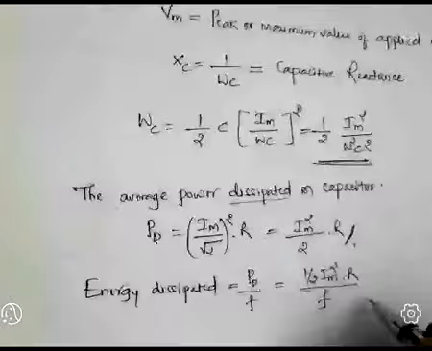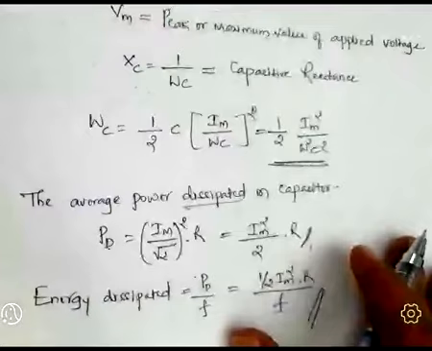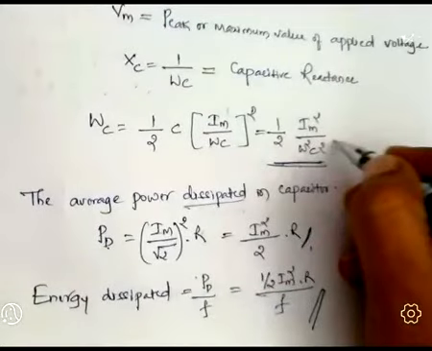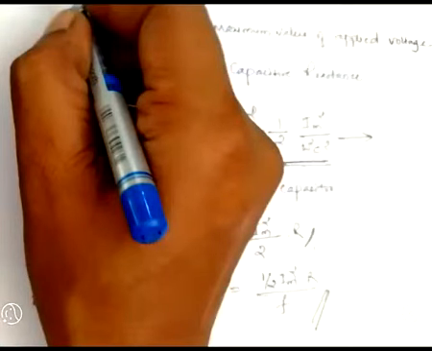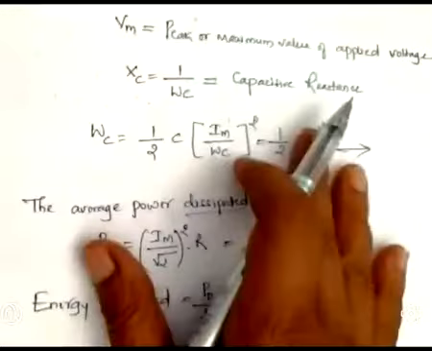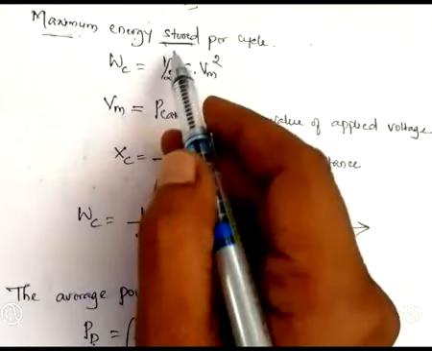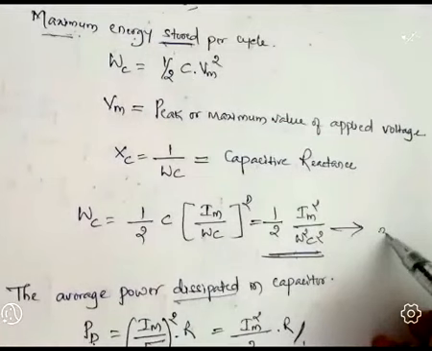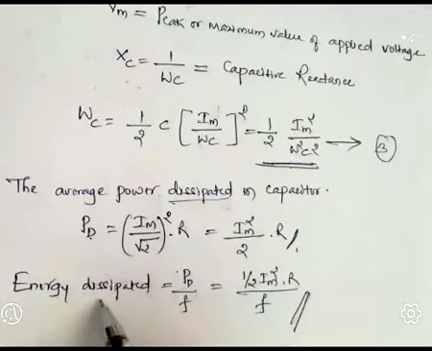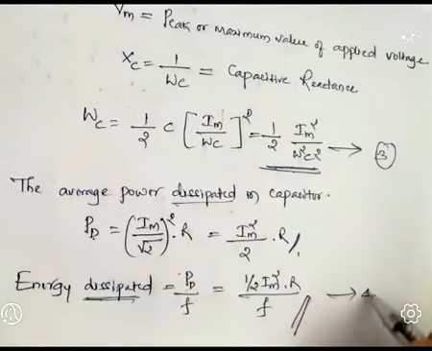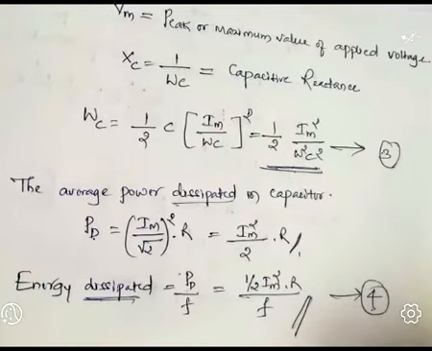Both quantities we have calculated: the maximum energy stored is equation number 3, and the energy dissipated is equation number 4. Now substitute equations 3 and 4 in equation 1.